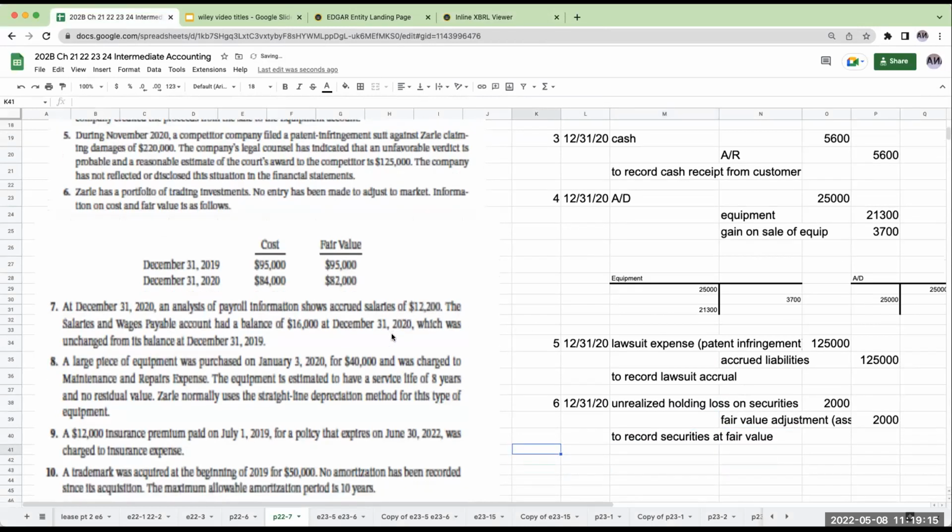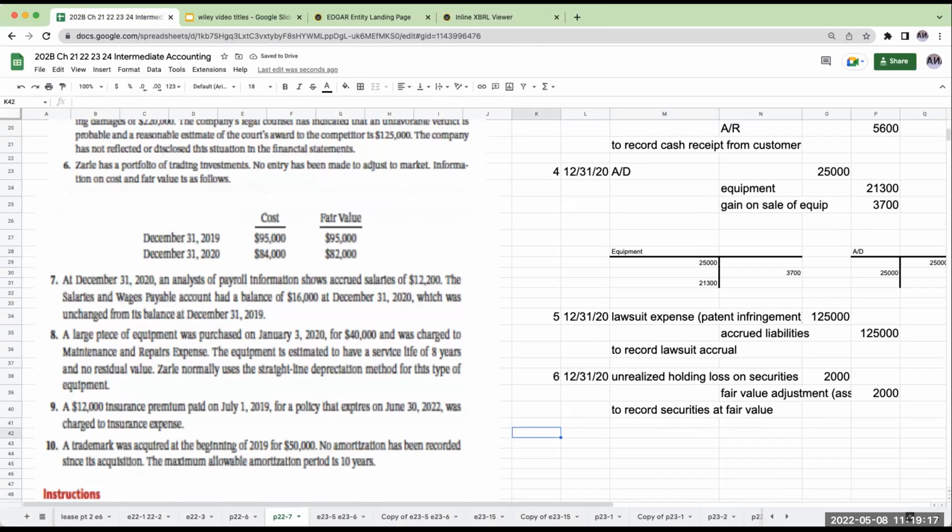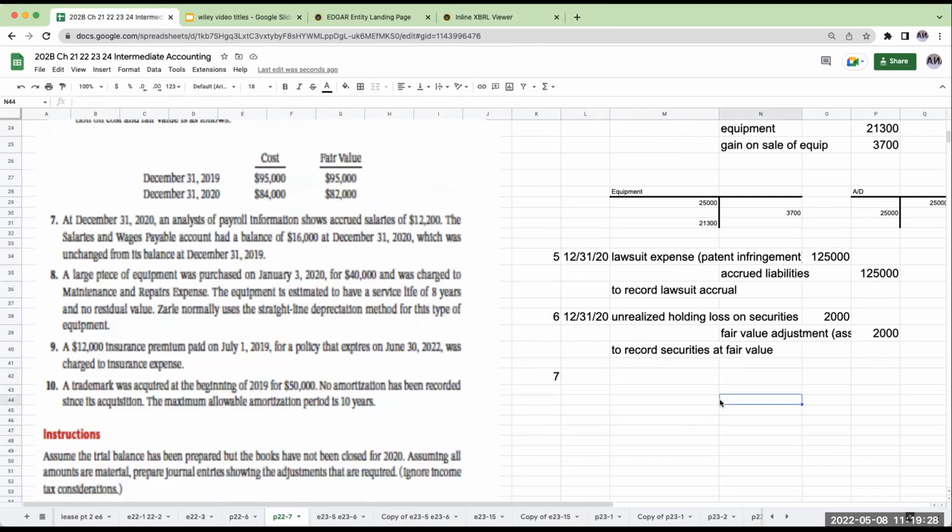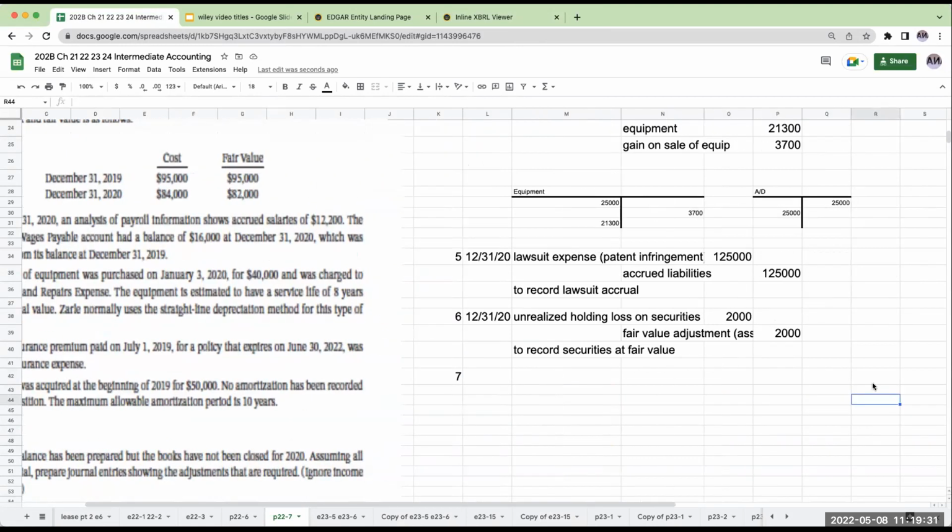Okay, let's go ahead and take a look at number 7. Number 7, an analysis of payroll information shows accrued salaries of $12,200. The salaries and wages payable had a balance of $16,000, which was unchanged from the prior year.